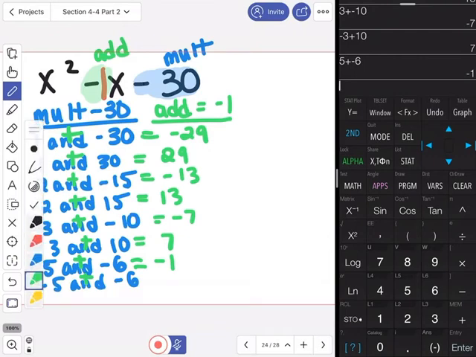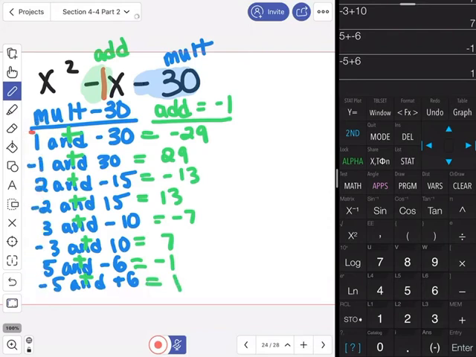And the last one, which should have been a negative 5 with a positive 6. So if I add negative 5 plus 6, gives me positive 1.